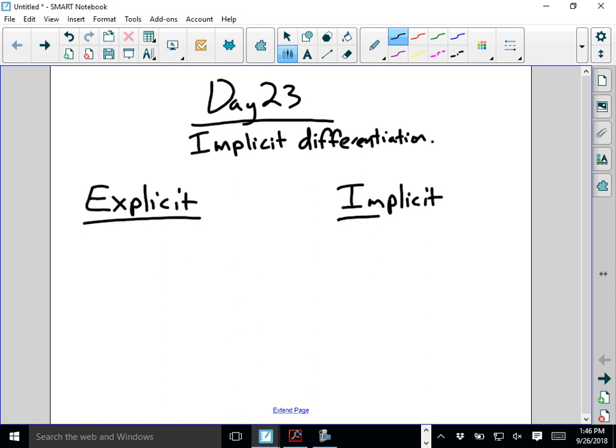Explicit means that we have an equation where y is explicitly solved for. So here are some examples of explicit, what we're used to.